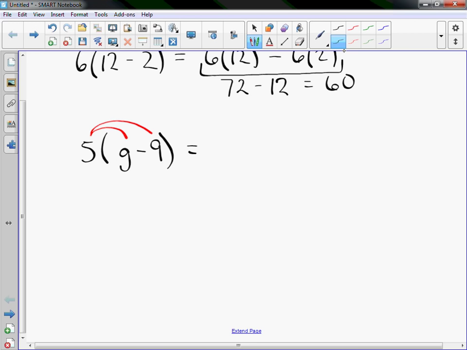So now I have 5 times g, which is 5g, and 5 times 9, with my minus sign still in there, which is 45. Oops, parentheses. Right. This one cannot be evaluated because we do not have a value for g. Okay, that's the distributive property.